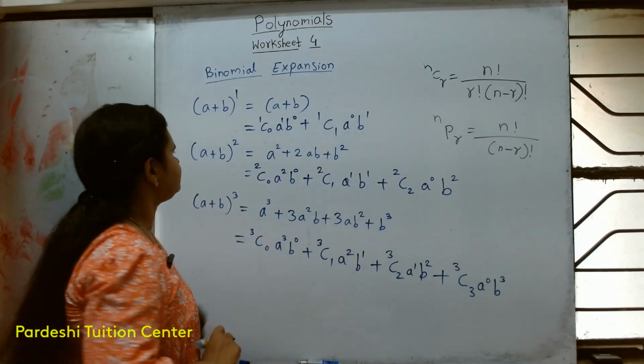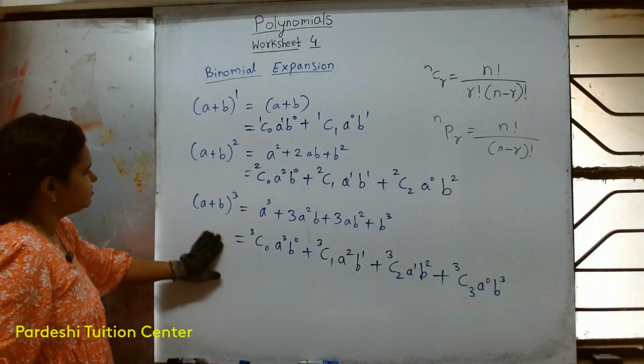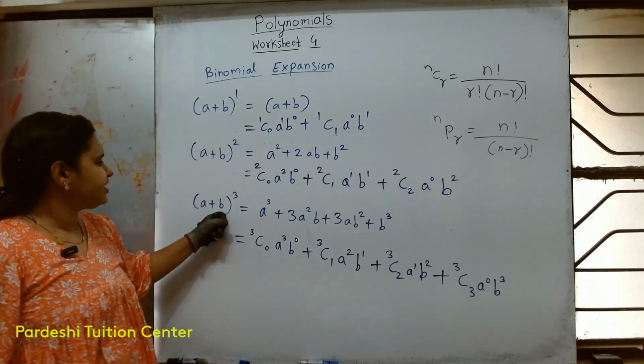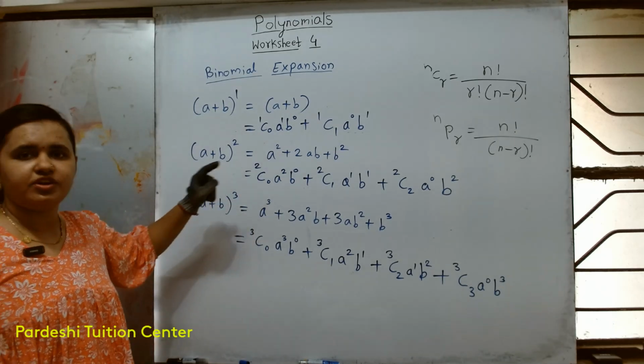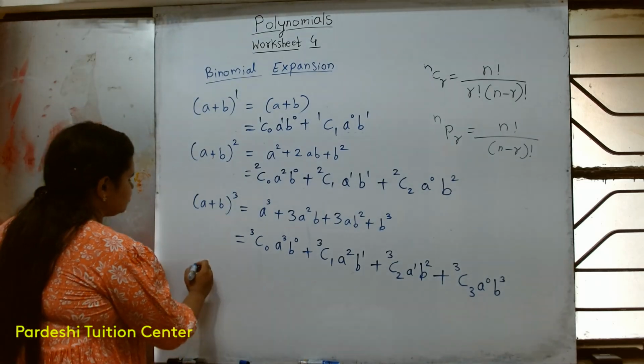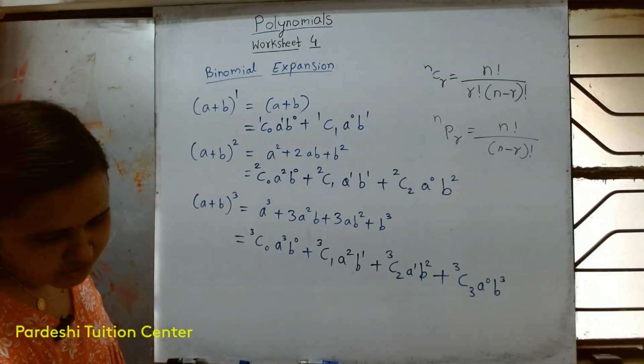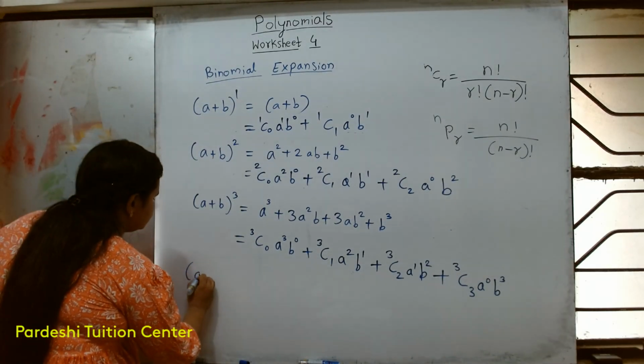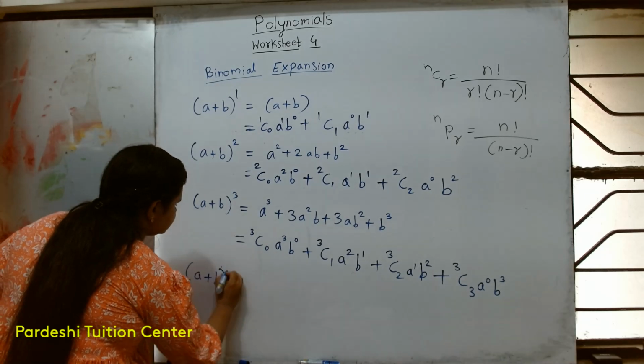Okay. Now you can also calculate for a plus b to the power 4, a plus b to the power 5 like this. Okay. So we can write the formula of a plus b to the power of n. Okay.